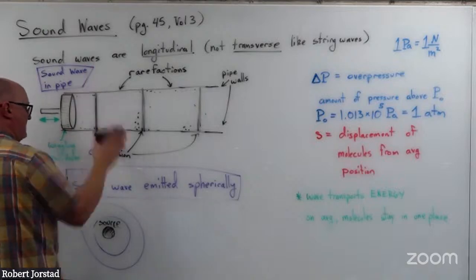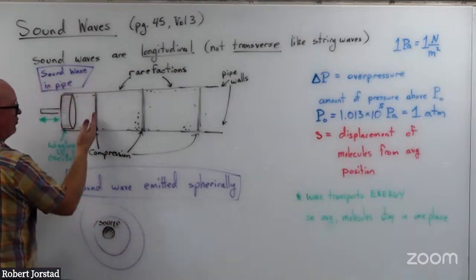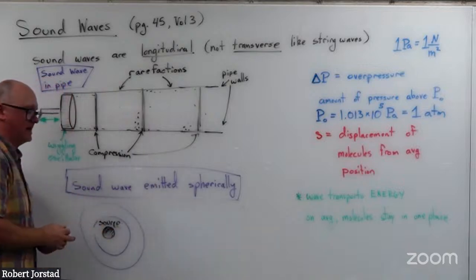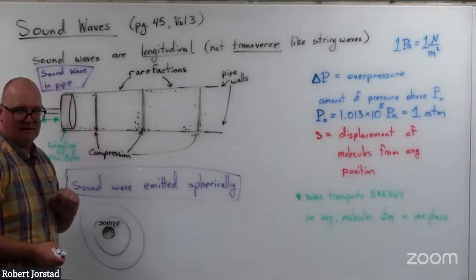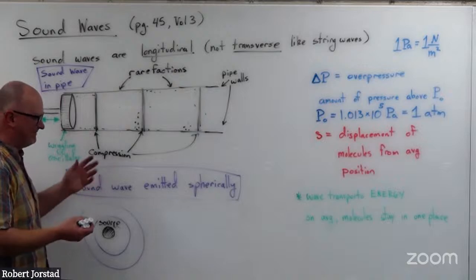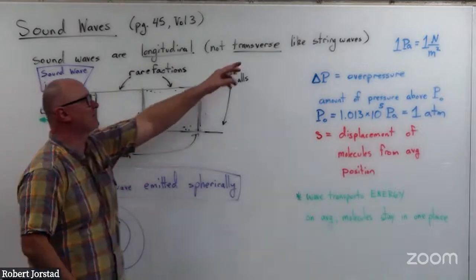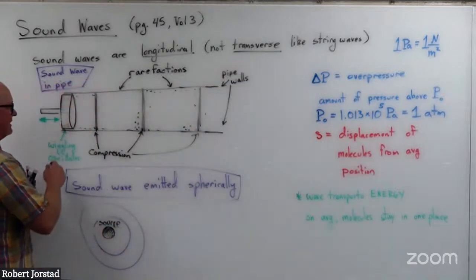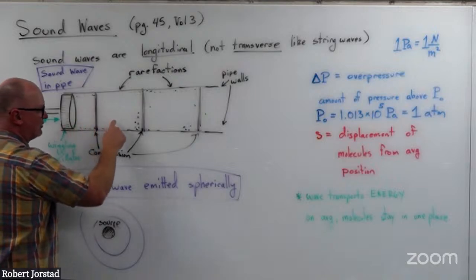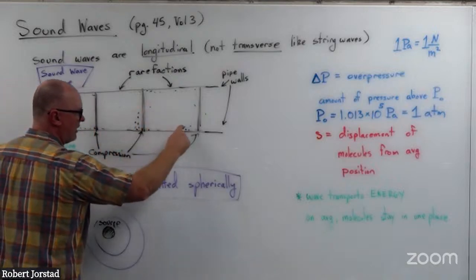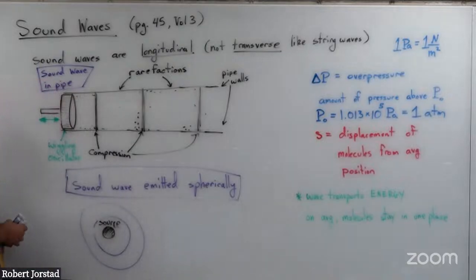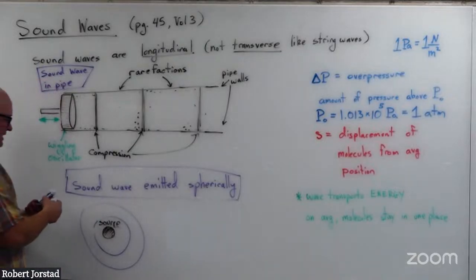These are the wave fronts. You could think of them kind of like the crest of a string wave, even though they're not string waves because they're not transverse. So a lot of people think of this like a wave crest, trough, crest, but you could also call these wave fronts.